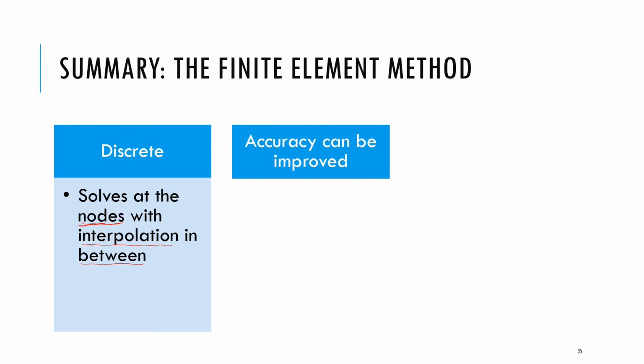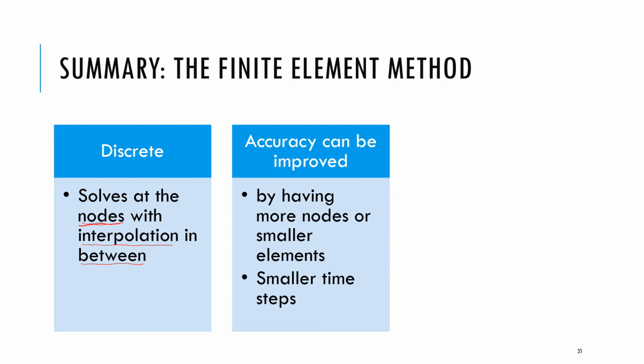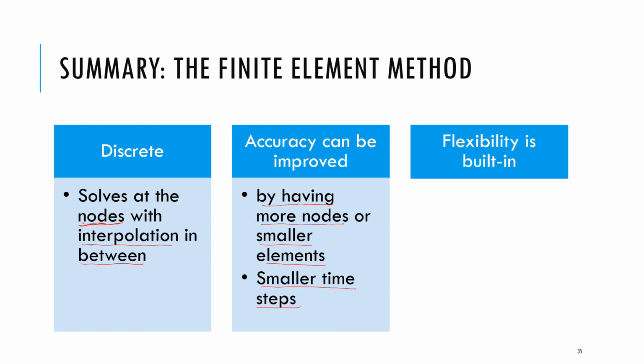However, the error that we make can be improved as much as we want. How do we improve the error? By having more nodes or smaller elements. So more nodes, less error, and also smaller time steps.